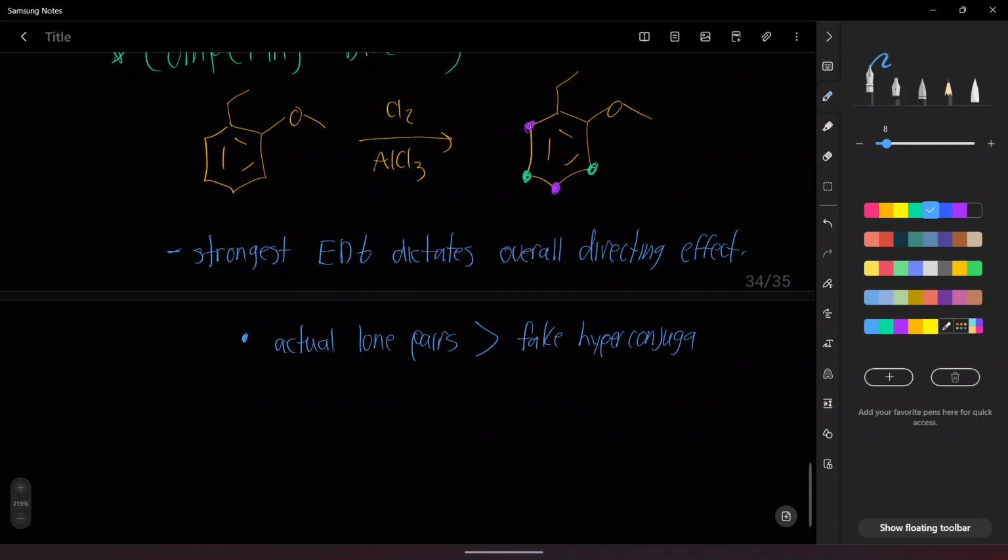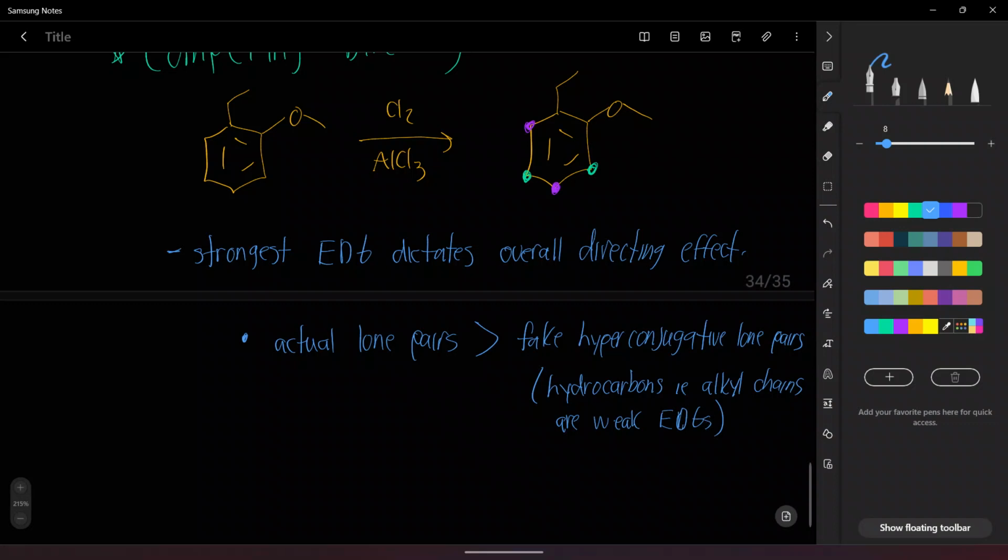Hydrocarbons are very weakly donating, so actual lone pairs are going to be better than fake hyperconjugative lone pairs, right? Meaning hydrocarbons, i.e. alkyl chains, are very weak donors. They're very, very weak electron donating groups.